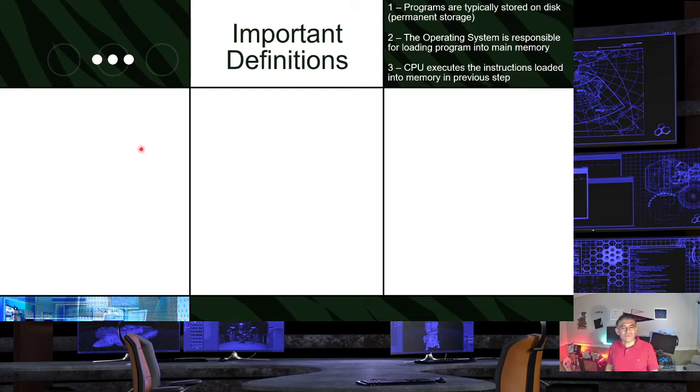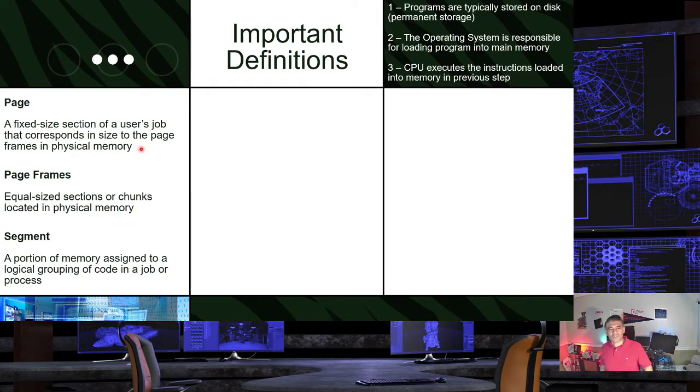So now, let's get into the important definitions. First, we define page as a fixed-sized section of a user's job or program that corresponds in size to the page frames in physical memory. Next, we define page frames as equal-sized sections or chunks located in physical memory.